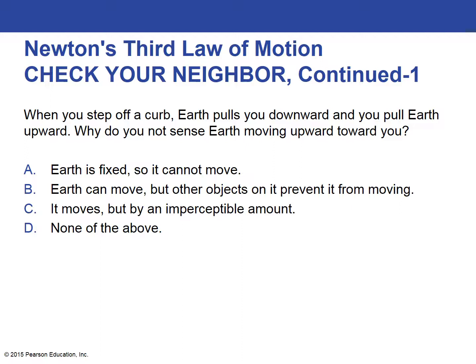Nevertheless, we know from Newton's third law that if the Earth exerts a force of gravity on you as you step off the curb, then your body is also exerting an equal and opposite force of attraction on the Earth, which would cause the Earth to move towards you, but only in an imperceptible amount because your mass is so tiny compared to the mass of the Earth.